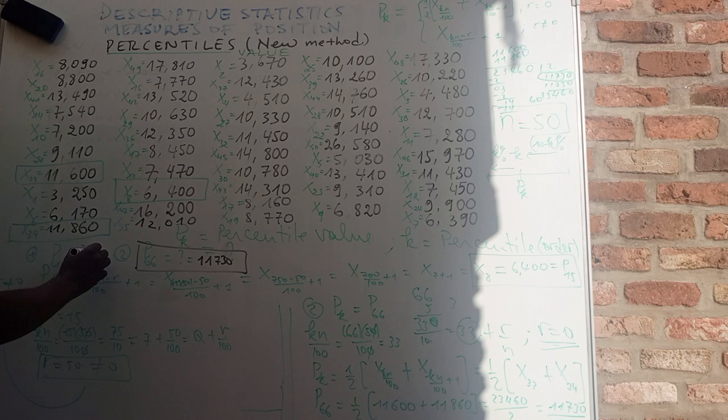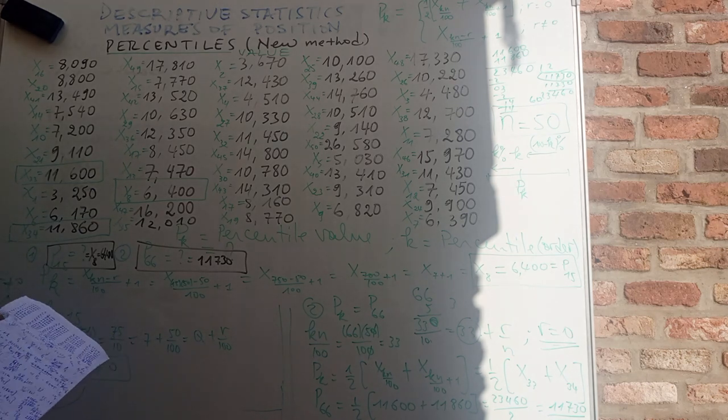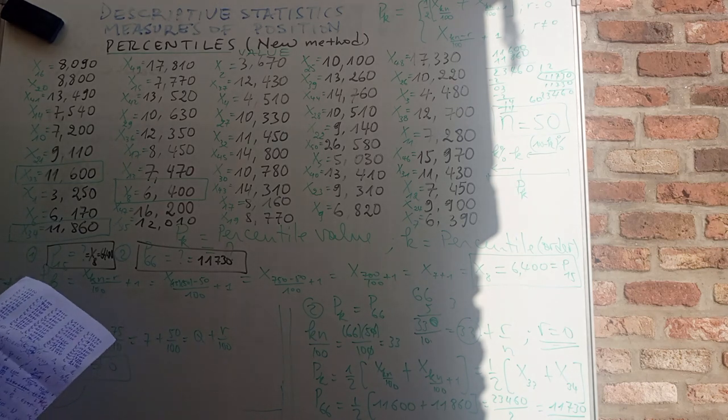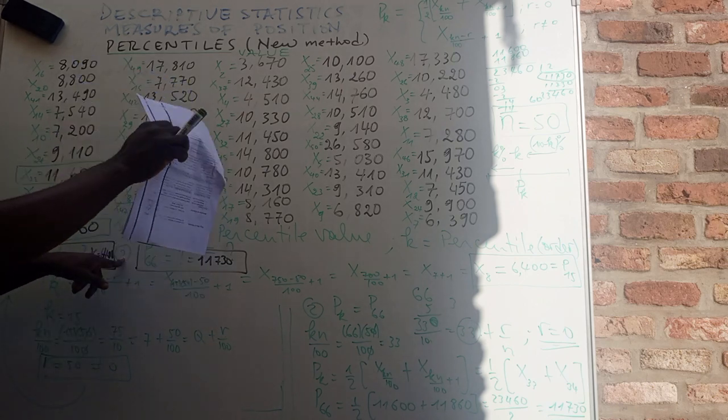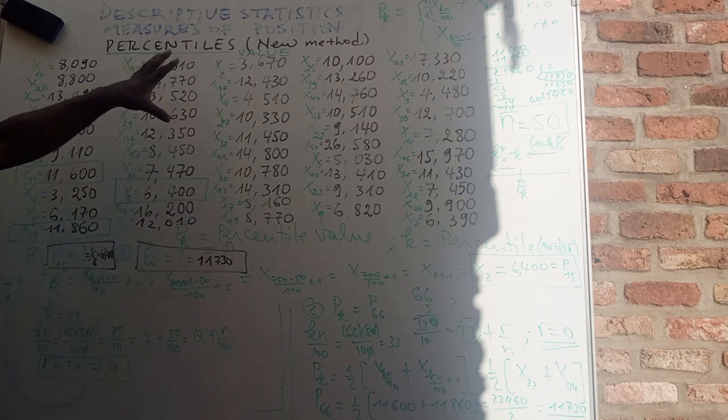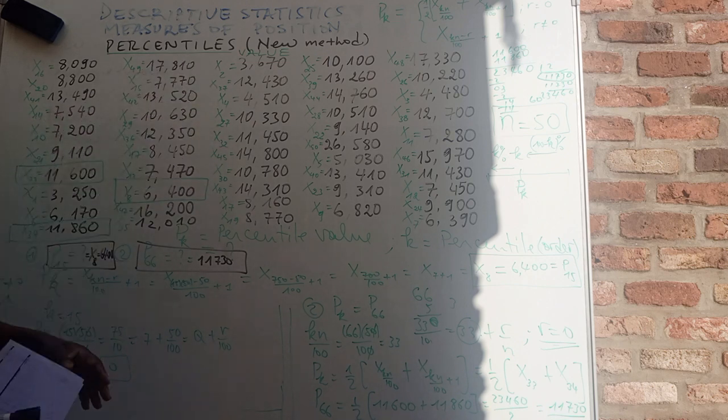So all in all, we have that the percentile value may be on the list in the first case, or not in the list, just somewhere midway between two consecutive values of the list.